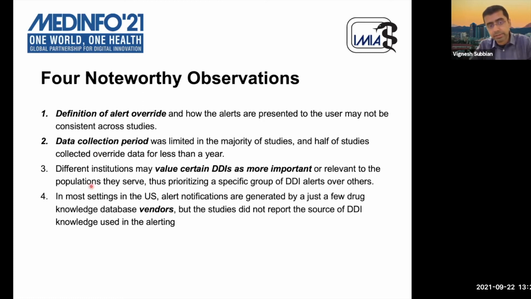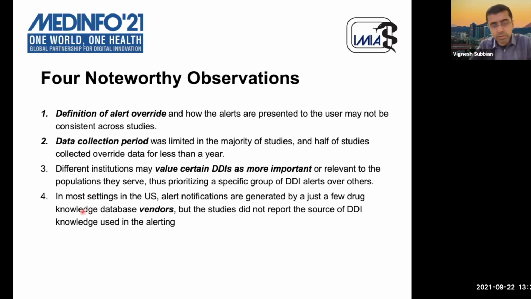The third is that different institutions may value certain combinations of drug-drug interactions as more important or relevant, depending on the population they serve or their institutional structure. Thus, prioritizing only a specific group of DDI alerts over the others. And that made it challenging for us to make a list of top drug-drug interaction alerts that are overridden.